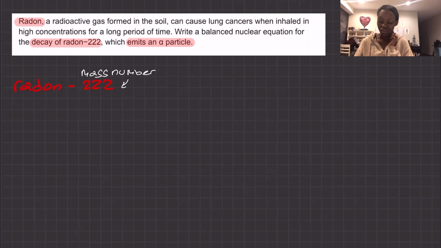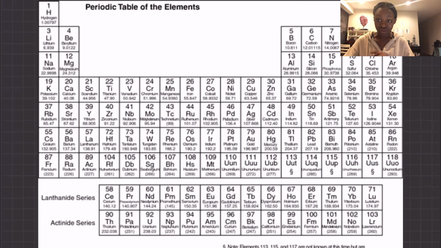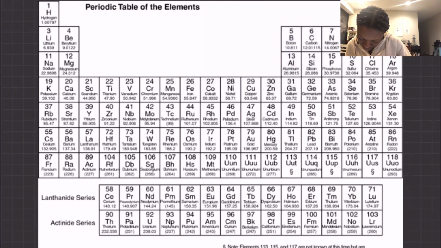So we're gonna take a little trip over to the periodic table, which I have right here, and we're going to look for radon. Now, radon is, I think that's radium. Radon, here it is. Radon is right here. I'm very carefully gonna box it in so you guys can see.